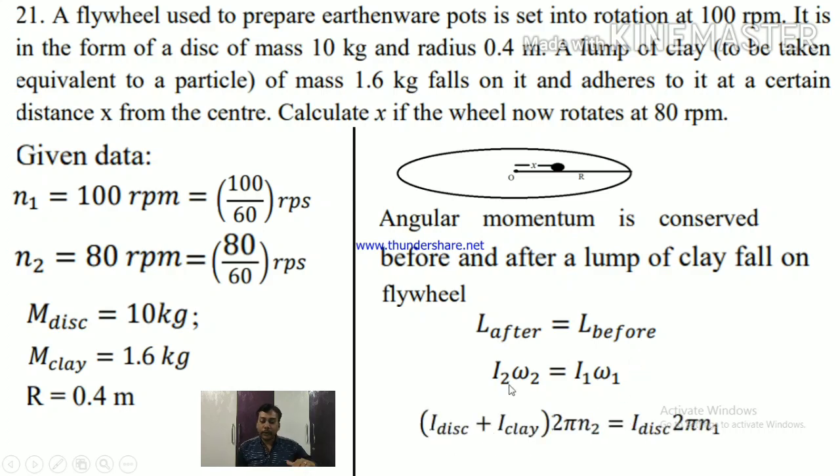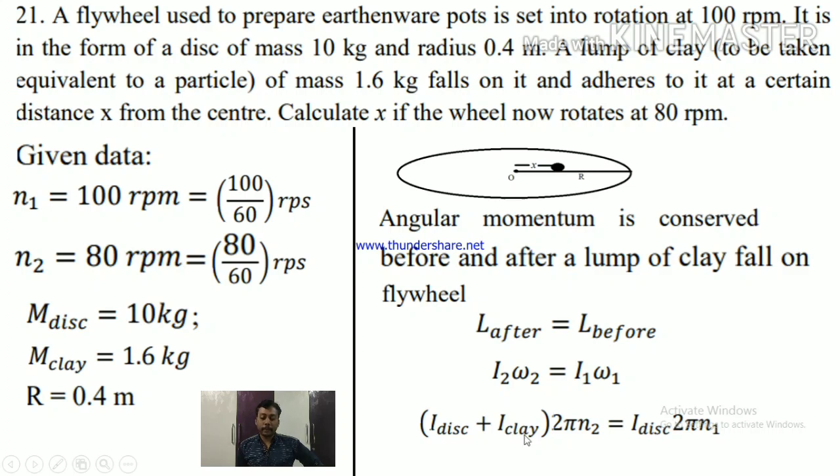Now here after what happened, there are two bodies, one is disc and other is clay. So the moment of inertia is the addition of two, moment of inertia of disc plus moment of inertia of clay into omega 2, which is 2 pi n2, is equal to I disc, because before only flywheel is there, only disc is there. So moment of inertia of disc into 2 pi n1.